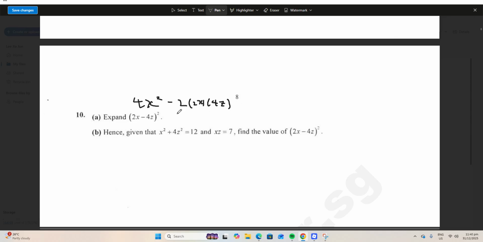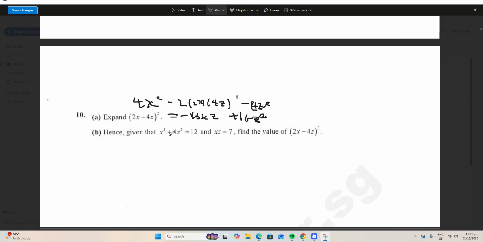So 2 times 8, this will give you negative 16xz. The next will be negative 4z squared, so negative (4z) squared. I'm going to pause this. So you get 16z squared. This will be the answer.